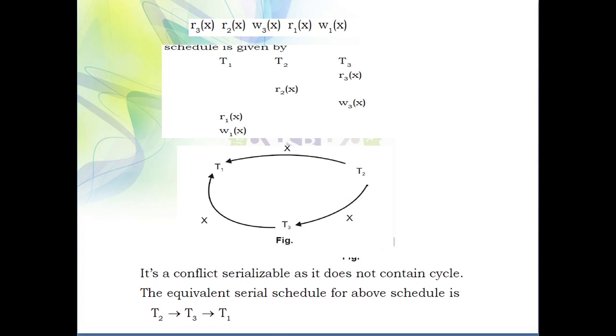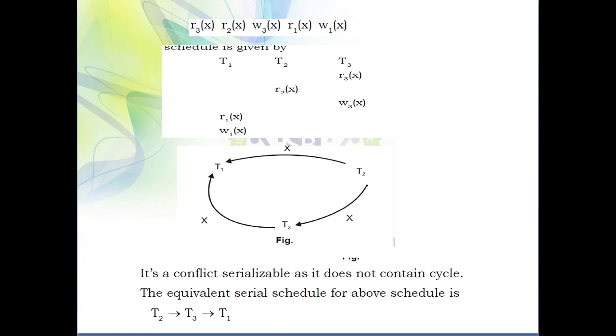So you need to remember the procedure. First of all you need to have a representation like this. You need to identify how many transactions there are, then arrange all the operations as per the sequence. Then you need to generate the precedence graph by following the algorithm, where you draw a number of nodes equal to the number of transactions.